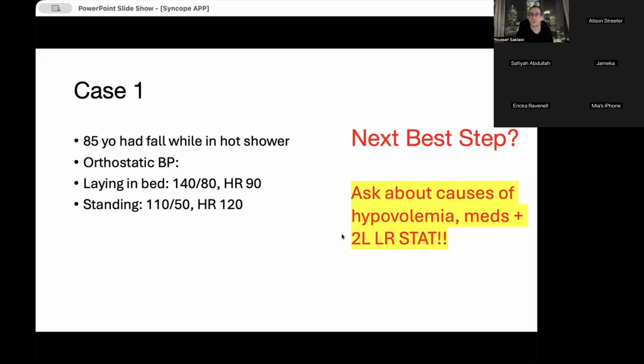That should be on day one: if someone is orthostatic, you need to see if they're hypovolemic. And if they are hypovolemic, adjust their meds and give them fluids.